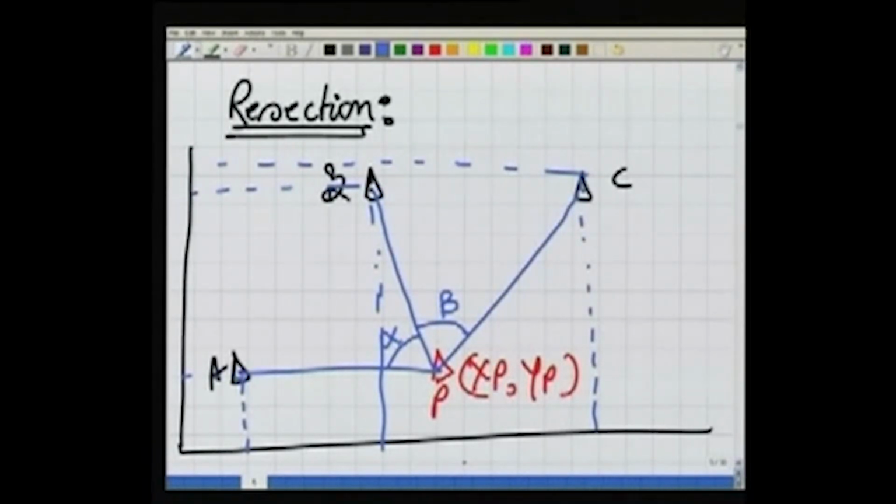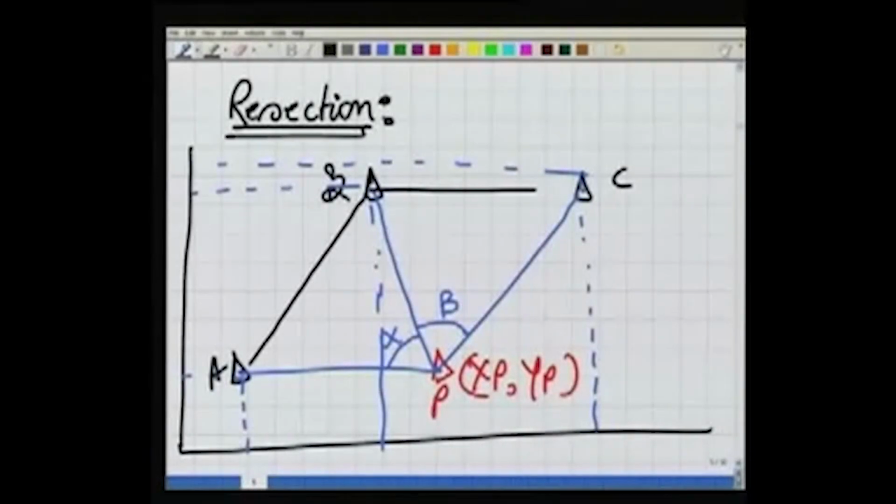One solution of this could be, though you can solve it by many methods, if this angle is, let us say, theta, so within this figure A, B, C and P, I can write this angle as S minus theta.